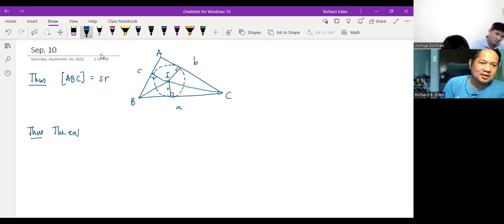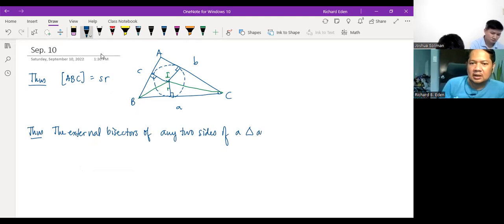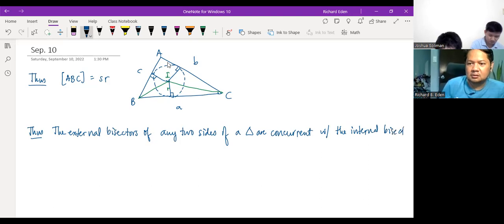The external bisectors of any two sides of a triangle are concurrent with the internal bisector of the third angle.